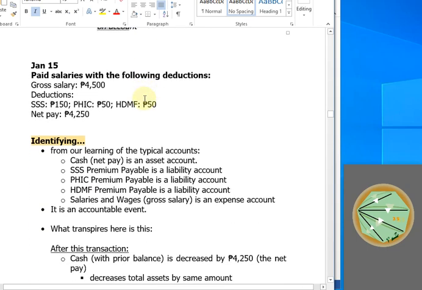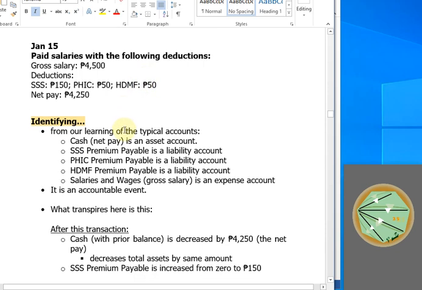Now we proceed to our transaction on January 15. January 15 is the time when the company paid salaries with the following deductions. If you remember, we have a transaction on hiring. The hiring of an employee cannot be converted into any of the elements, but the payment of the salaries or the accrual of the unpaid salaries can already be converted into the elements of the financial statements.